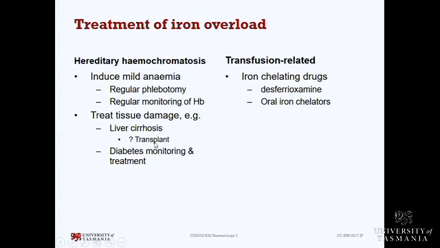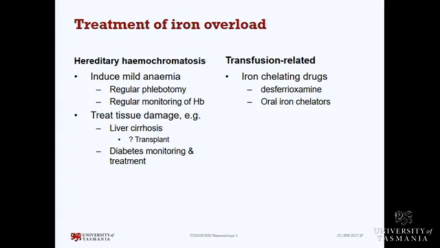Often we do get organ damage, and so that has to be treated, of course, depending on which organ has been damaged. If we have transfusion-related overload, you can see that the treatment for that is very different.